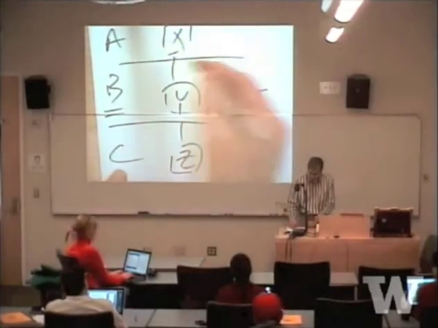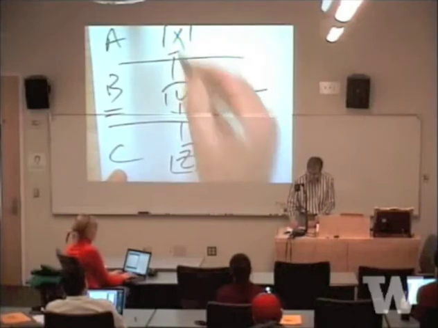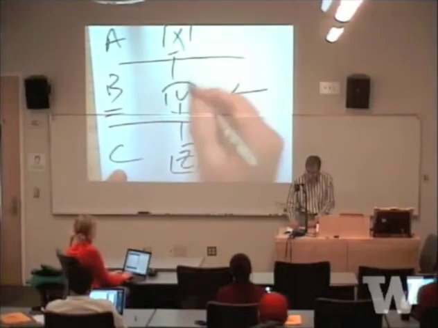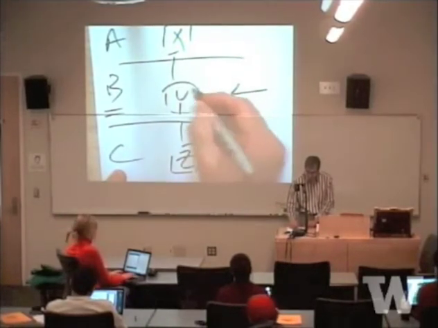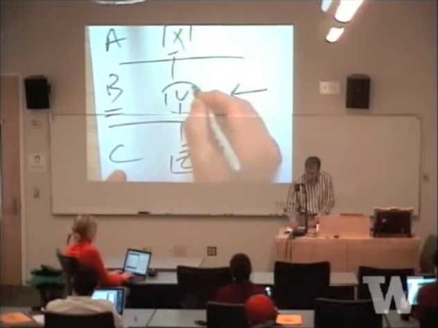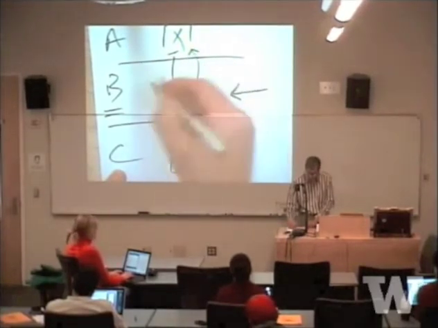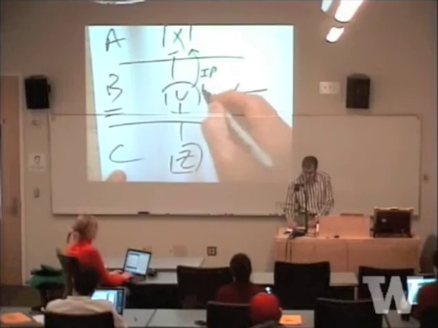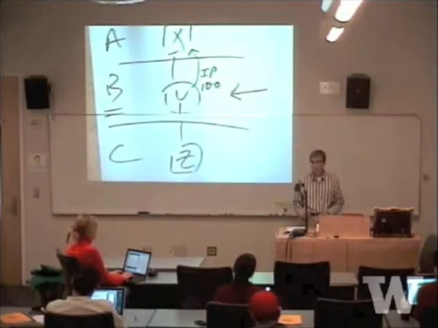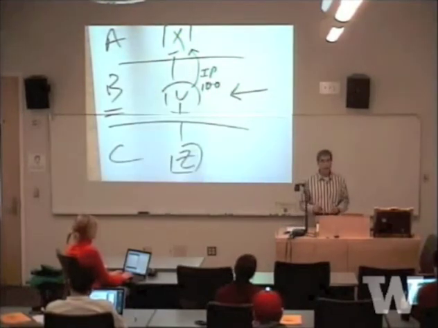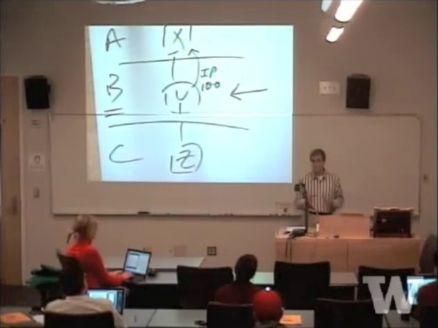Well, let's say that X capitalizes Y and has Y purchase the IP for 100. Now, that gives Y a tax basis in the intellectual property.